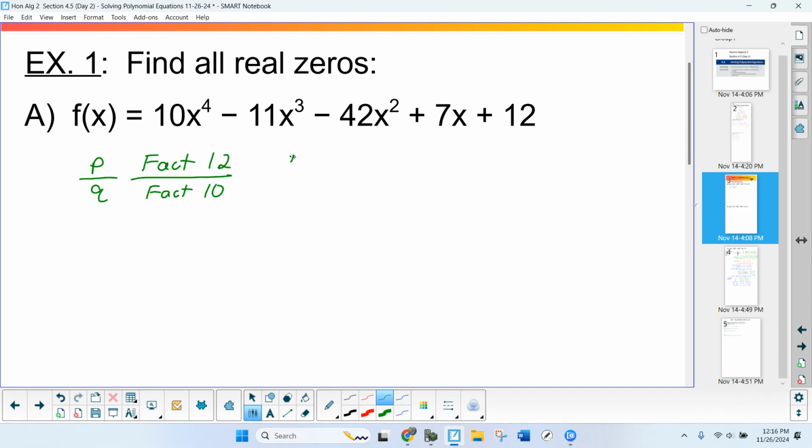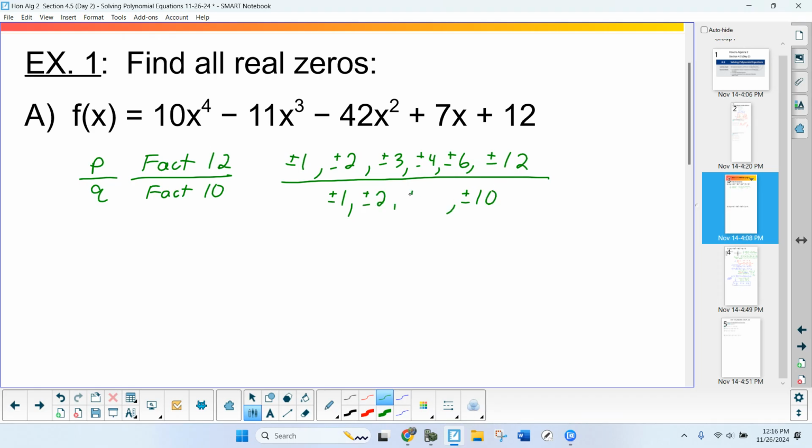I have plus or minus 1 with plus or minus 12. 2 and 6. What else? 3 and 4. Okay, so that's my whole list there. How about 10? 1 and 10, and what else? 2 and 5. Okay.